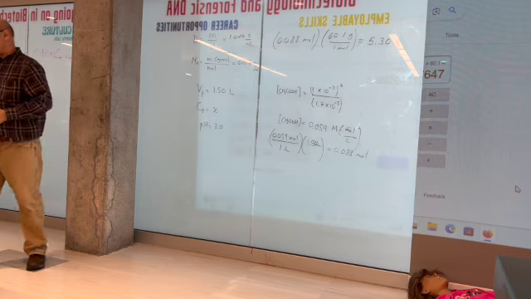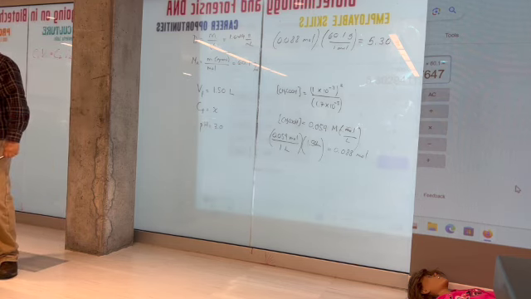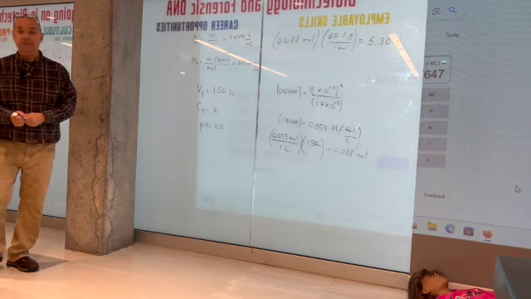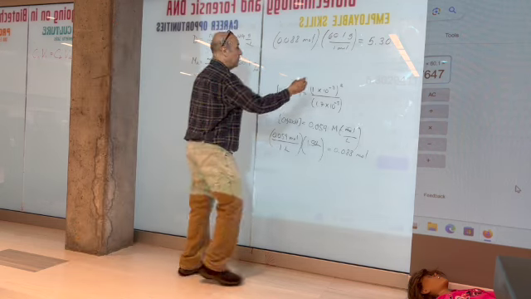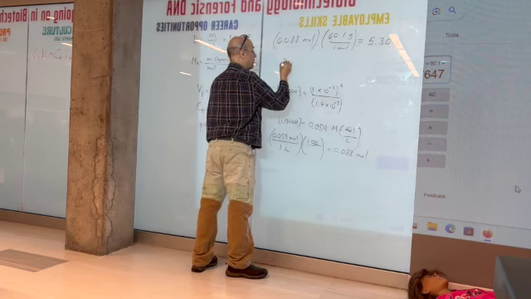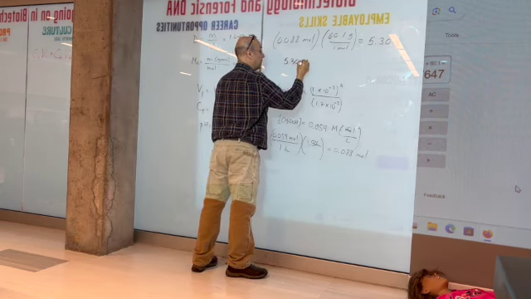Now we need to use the density to convert the grams to volume, right? So we're going to take this number, 5.30 grams.